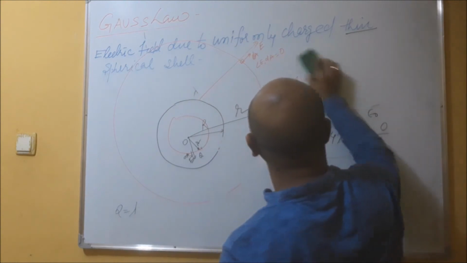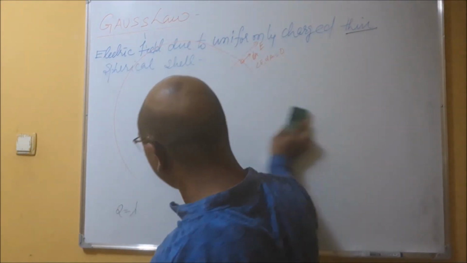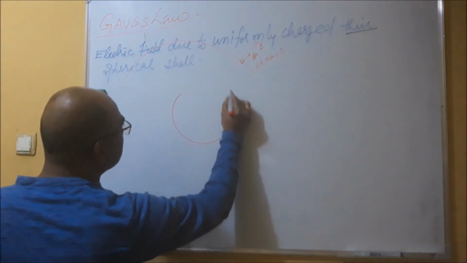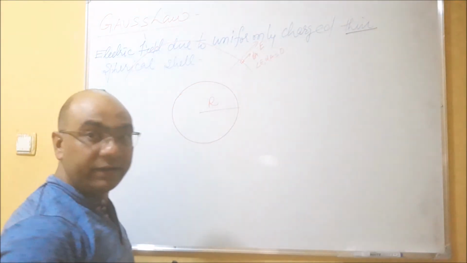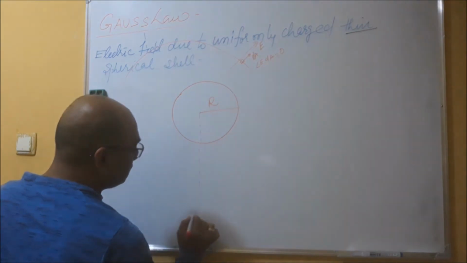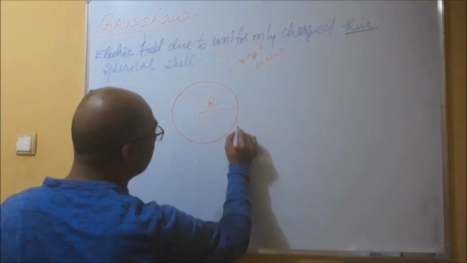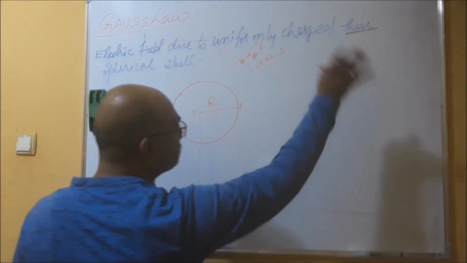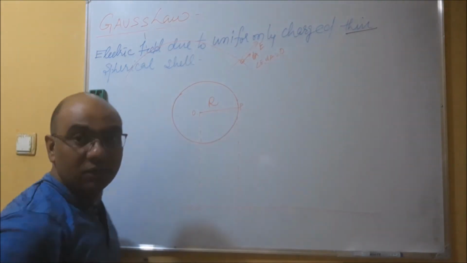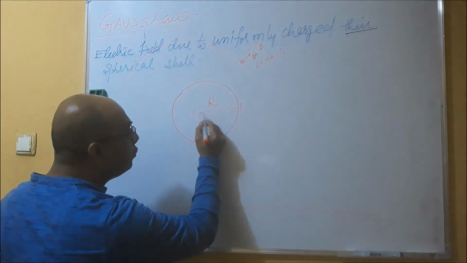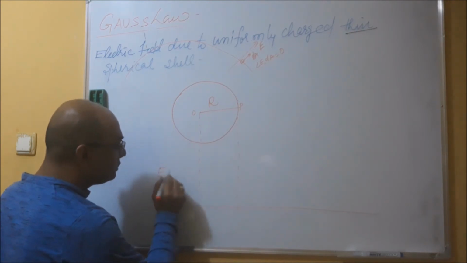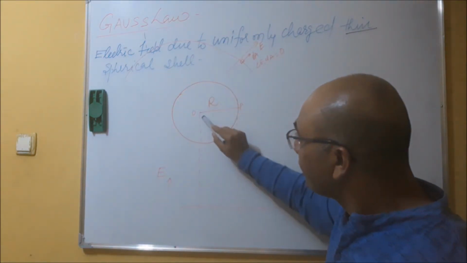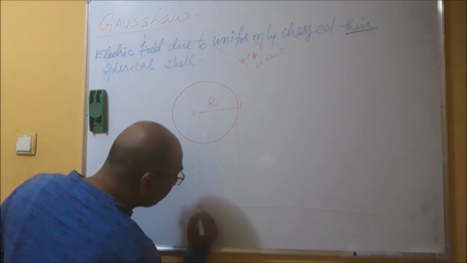A very important thing is this. We can conclude from this figure or from this expression that if I am saying this is a shell with radius r, and you see this is point O, this is point P. When we are moving from O to P, inside this shell, the value of electric field is always 0.